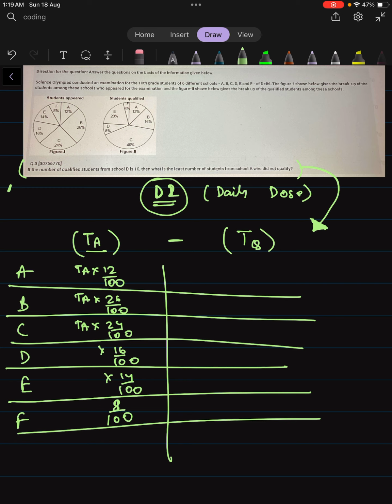Similarly, you can complete for Q. I'll be quick with this one, into obviously TQ.